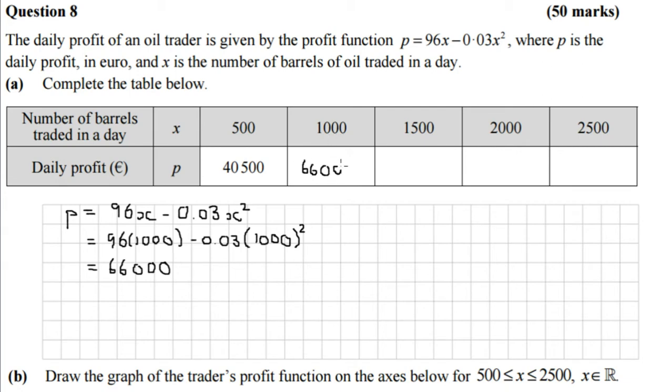And you just do that for every value of x. So let's just do it for the rest of them here. So for when you do it for 1500, you're going to get 76,500.